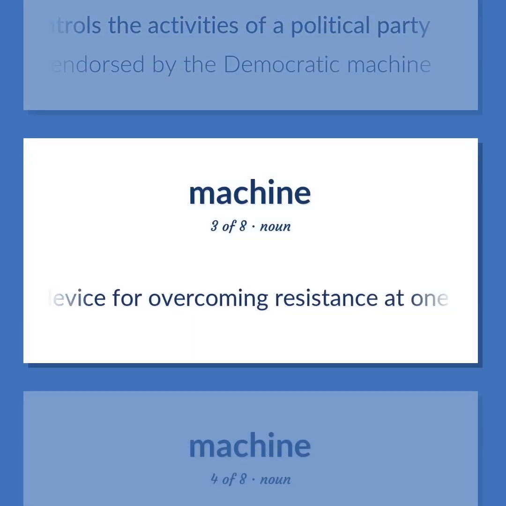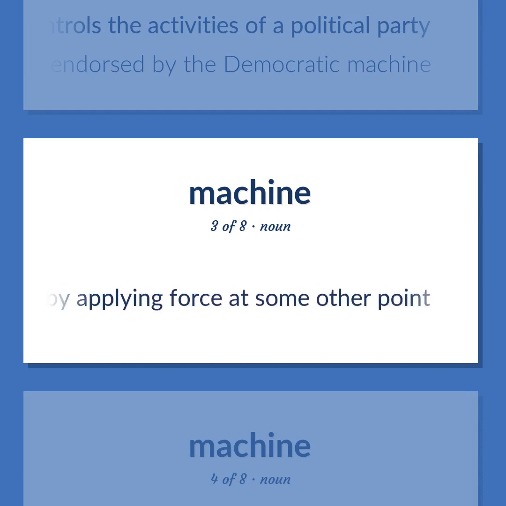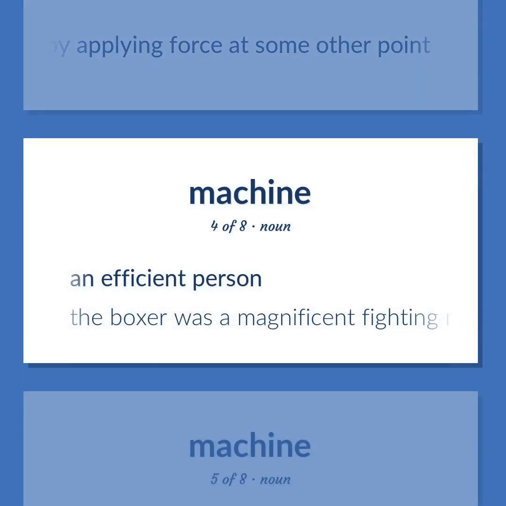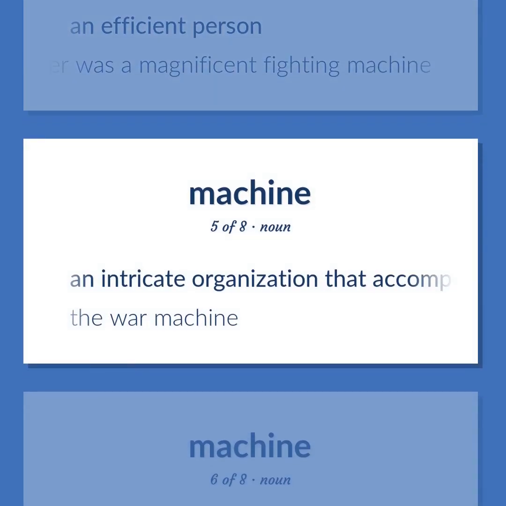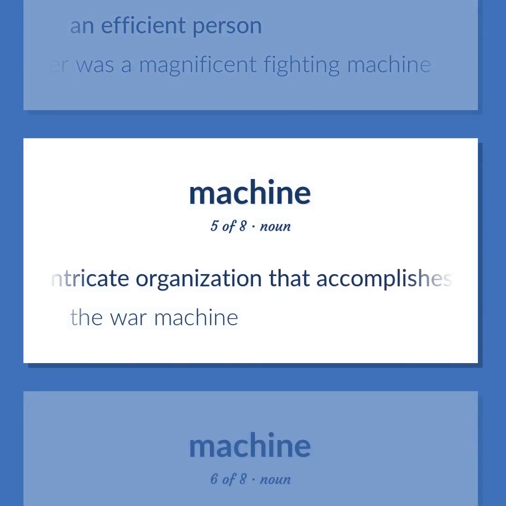A device for overcoming resistance at one point by applying force at some other point. An efficient person. The boxer was a magnificent fighting machine. An intricate organization that accomplishes its goals efficiently. The war machine.